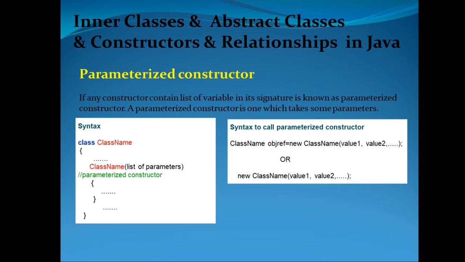And the syntax to call a parameterized constructor: class name, object reference equals new class name with value 1, value 2. So that's how you call the parameterized constructor.